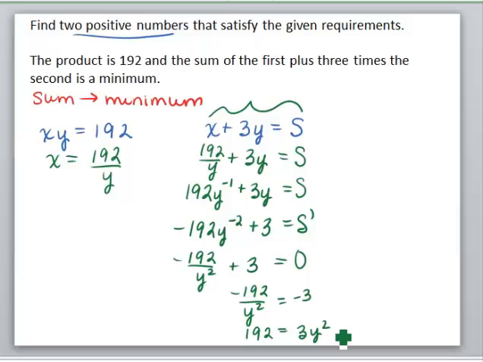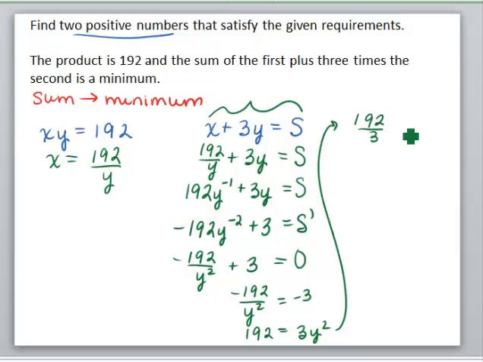They will be both positive. I have to come up here to finish this. So I get 192 divided by 3 equals y squared. That actually equals 64. So when I square root both sides, I do get plus or minus 8, but we're only going to talk about the positive number, so I'll only write down 8.